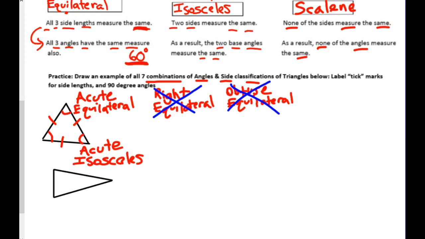Okay, all 3 of my angles need to be less than 90, and I need 2 sides that are congruent, which has the opposite angles also congruent.